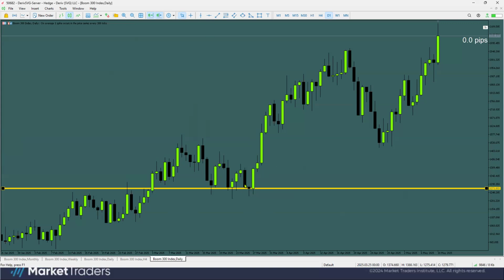Number two, a bearish doji followed by a bullish one. This is a morning star. See how the morning star drove the market all the way.